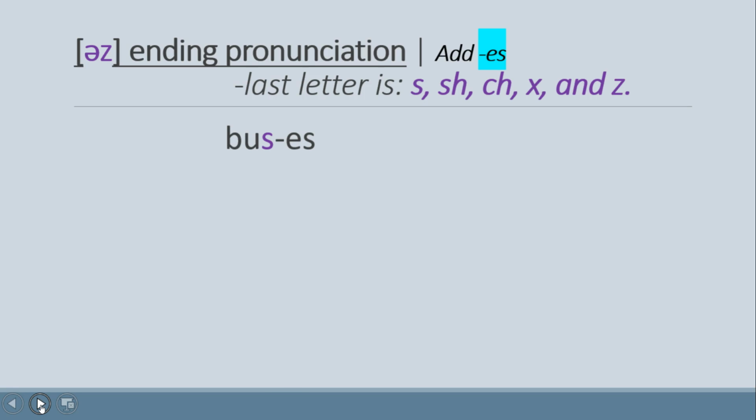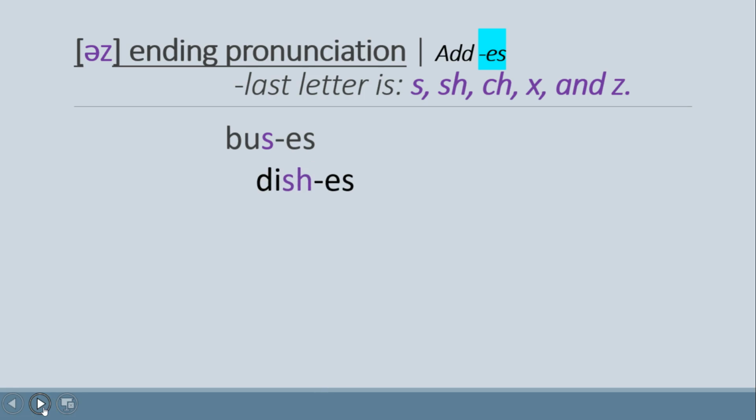So the first word on our list is bus, okay? So we will add ES, and this will be pronounced as buses, buses. You see how we had to insert this E right here? If we didn't, we would just get bus, it wouldn't be clear, right?